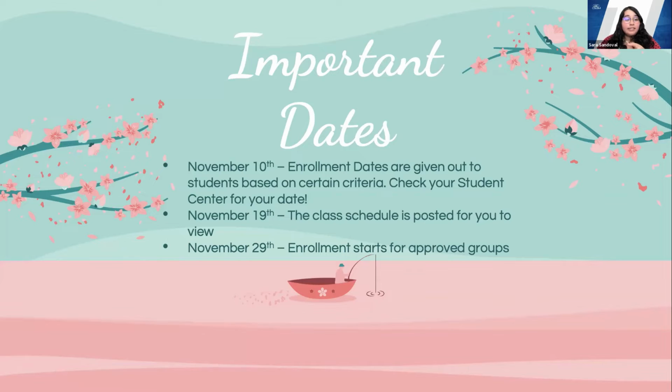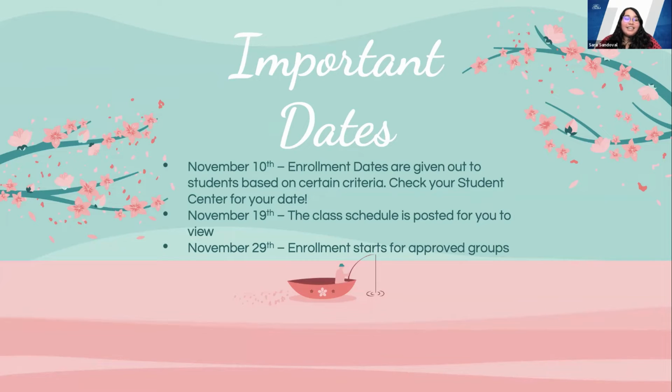The 19th is when the class schedule is posted, so you can see it. You can't enroll yet, but it's good to plan. You can write down maybe your math class is in person, Monday, Tuesday, Wednesday or something. Make sure you write down the class number. You could just start planning. You could see professors. You could see if it's asynchronous, the days, the times. So it's really important. And I'll send an email for that too, like, hey, the schedule's posted, go check it out.